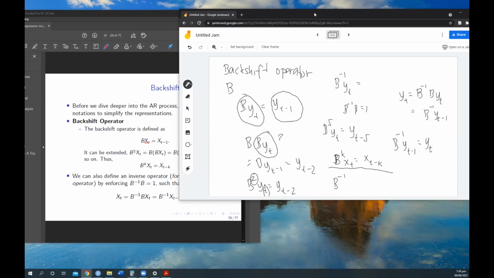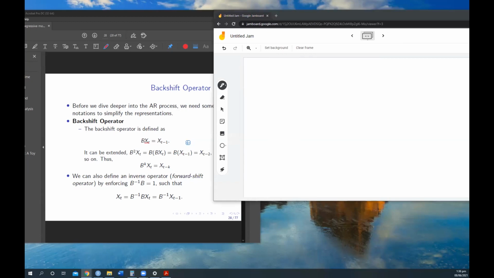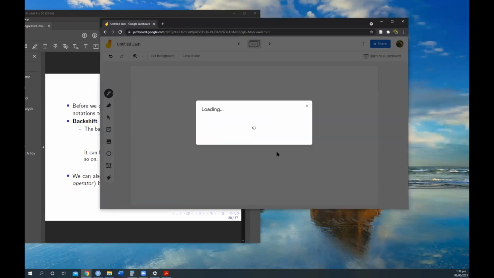Okay. So let's have a short exercise. No? Let's try to use the backshift notation to describe a second order differencing. So I'm going to share this to all of you.